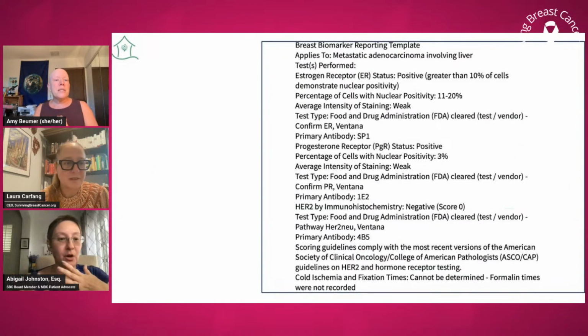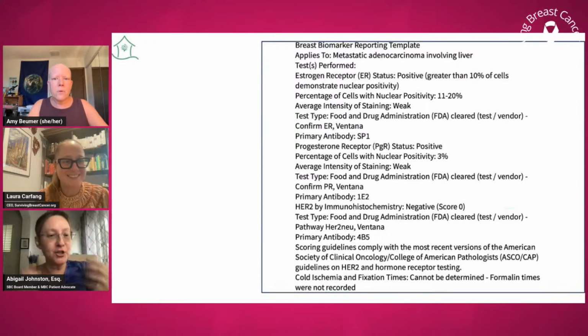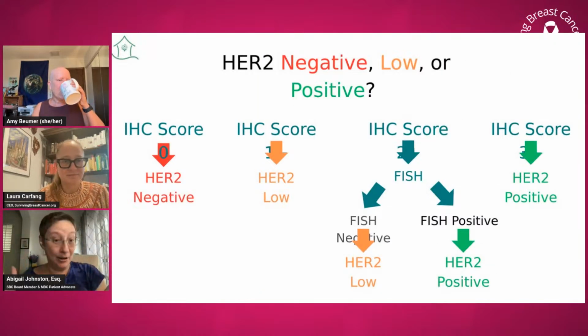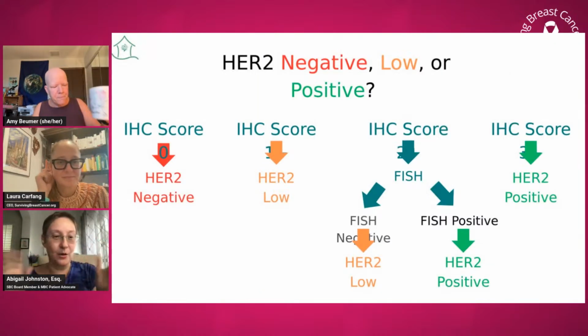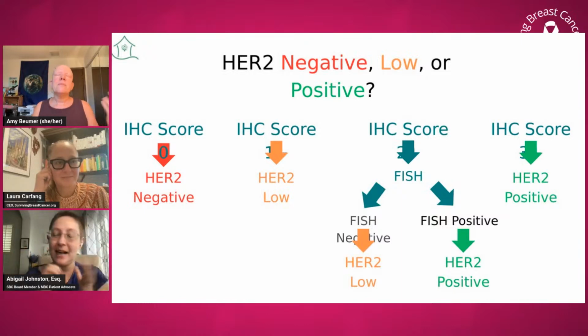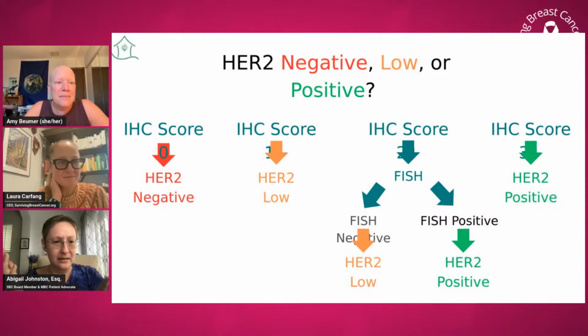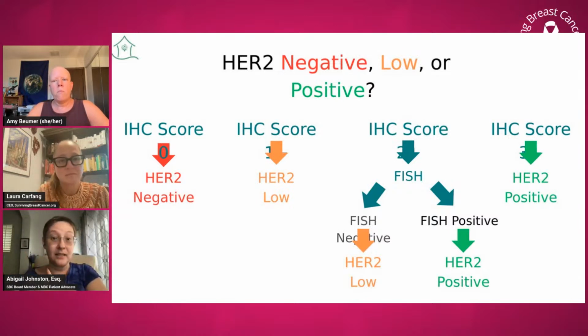Okay, so here's Abigail. Amy, I just wanted to ask too. So the HER2 low category, because I know there's still a question of whether it's a different subtype, right? That came about in, correct me if I'm wrong, 22, 23? Yeah, recent. 22. Right. So when I was diagnosed in 2017, nobody knew anything about HER2 low. And so a lot of these specifics, +1, +2, those kinds of things, that's not on my pathology report.